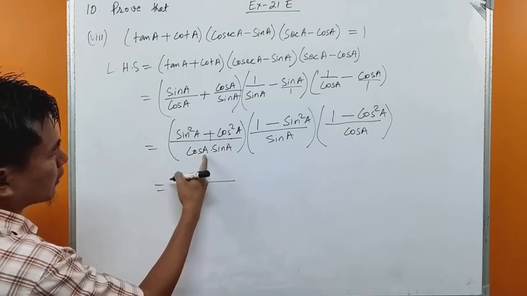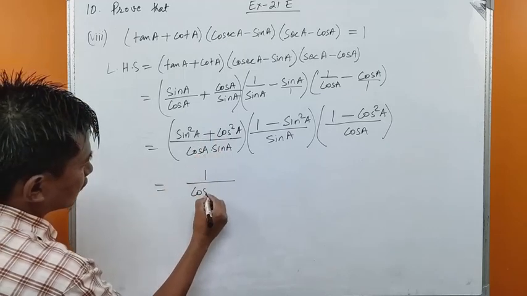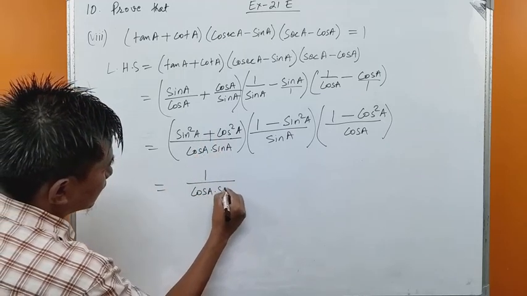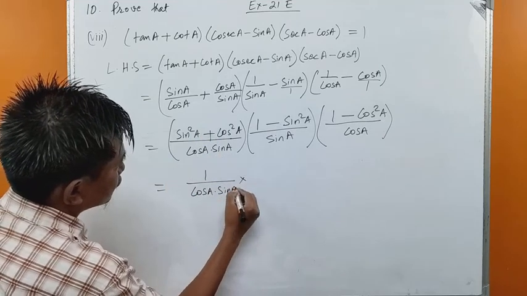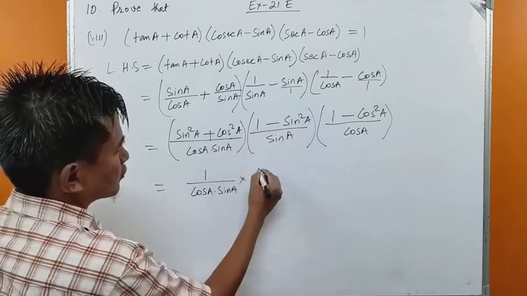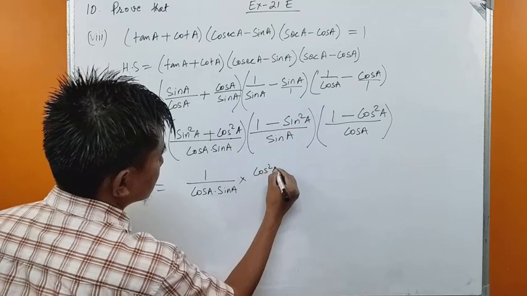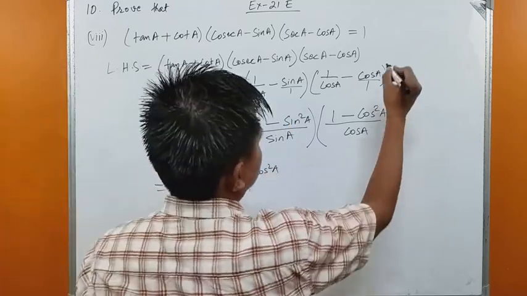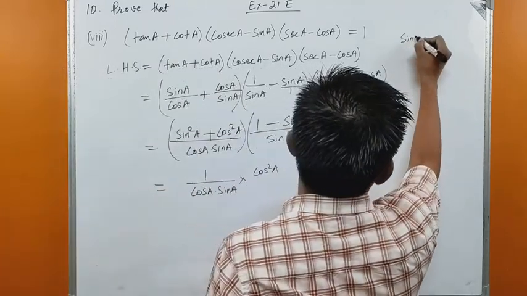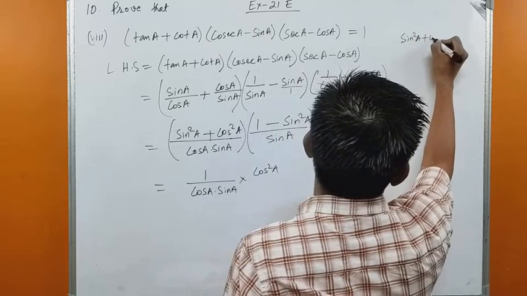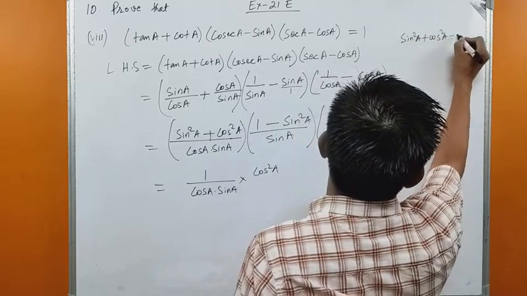In the denominator we have cos A sin A, into 1 minus sin square A is cos square A. Sin square A plus cos square A equals 1.